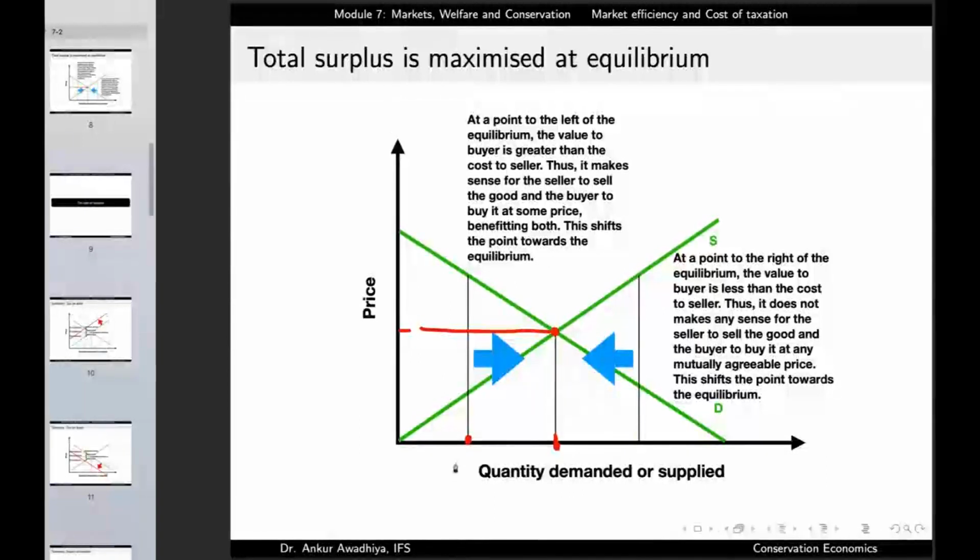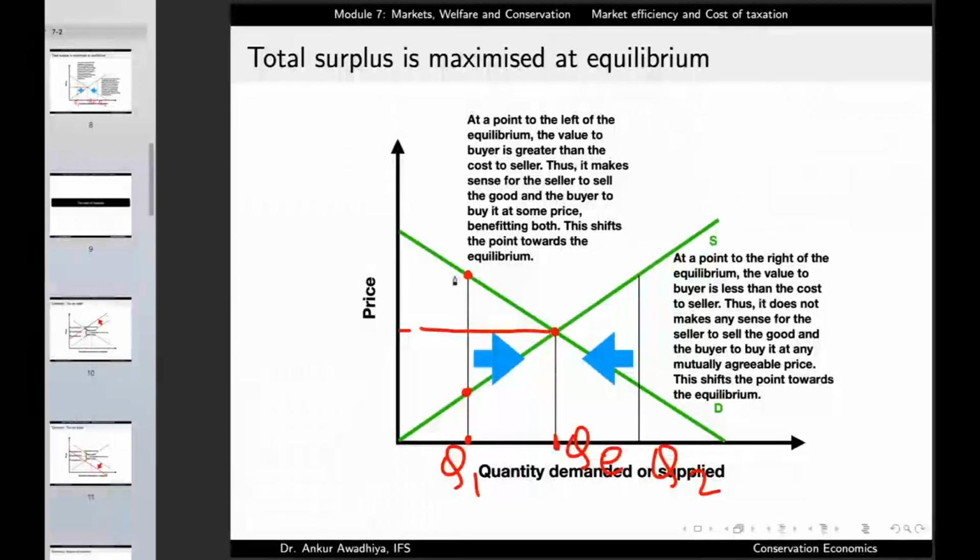Now, if we consider, say, a point here, this is our equilibrium quantity. This is a quantity that we are checking, and this is another quantity that we are checking, Q1 and Q2. Now, at point Q1, the seller is able to supply at this cost, and the value to the buyer is this much.